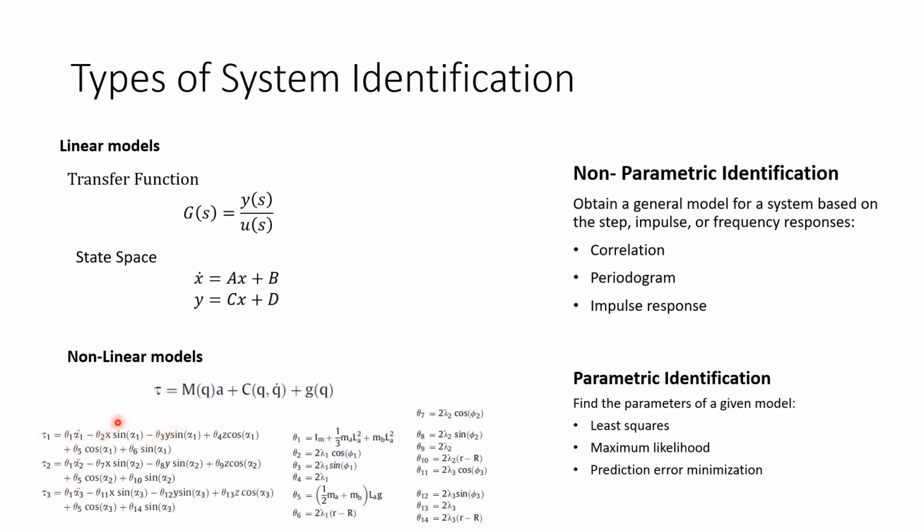As you can see, the equation for the three torques involves sine and cosine terms, as well as some parameters like theta 1, theta 2, which are in terms of some known things like the mass or the length of the manipulator links. Probably we don't know the inertia of the link.